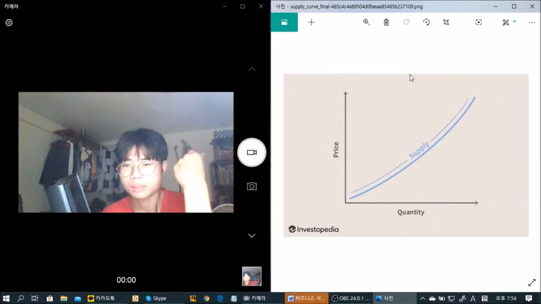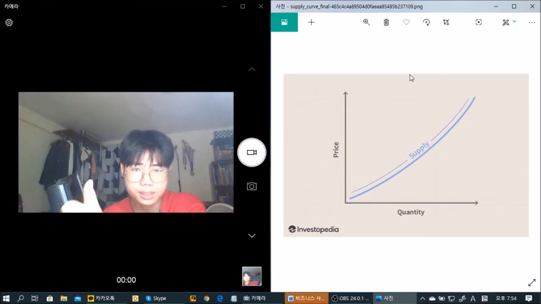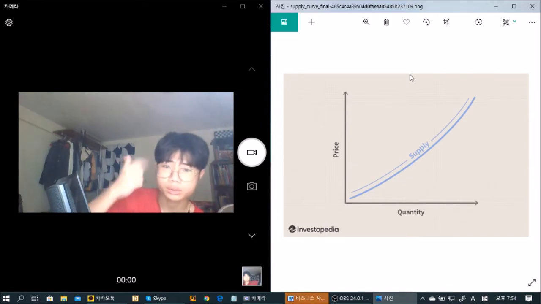Or like it says, demand increased first, and when demand increases and supply is not enough, the prices go up.